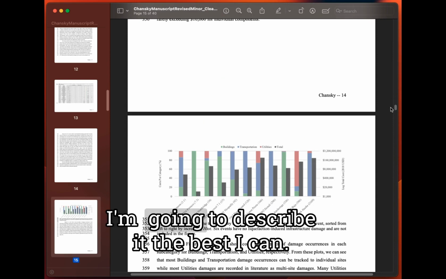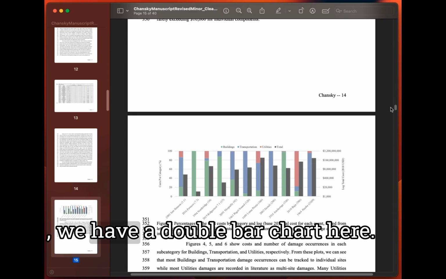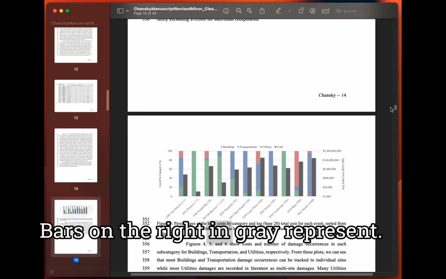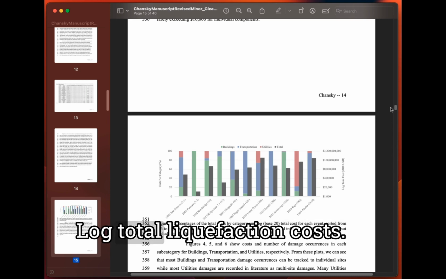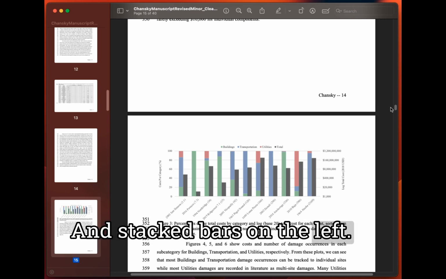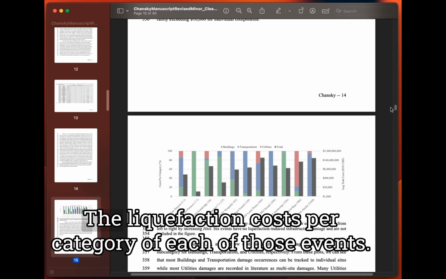For those listening, I'm going to describe it the best I can. We have a double bar chart here where bars on the right in gray represent log total liquefaction costs, and stacked bars on the left represent the liquefaction cost per category of each of those events.